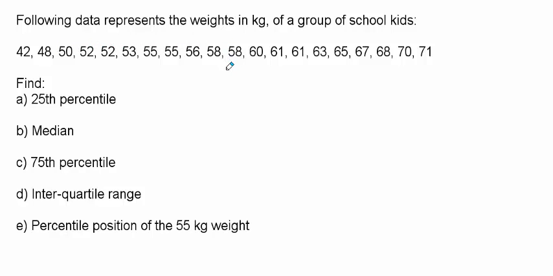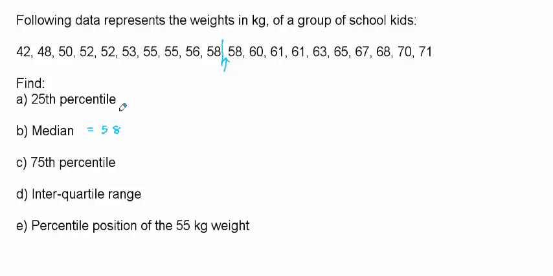So the median is going to be over here, the average of these two numbers. It divides the data set into two halves, 50% below and 50% above it. And the average of 58 and 58 is actually 58. So if you do 58 plus 58 and divide that by 2, you get 58. So we got the median. The median is 58. That's a good start.